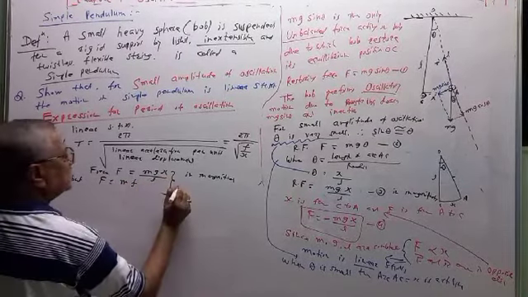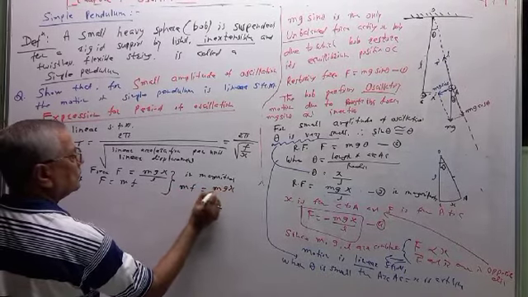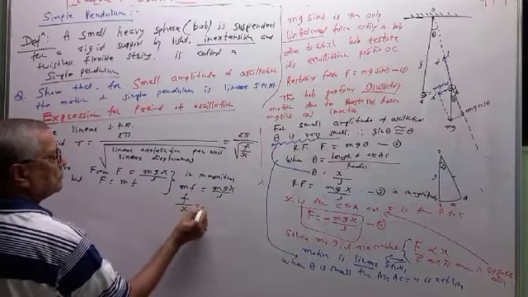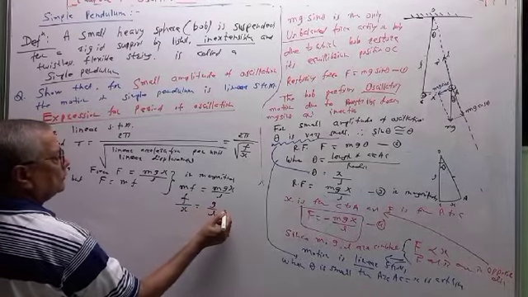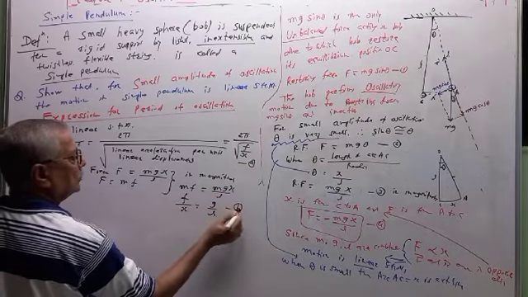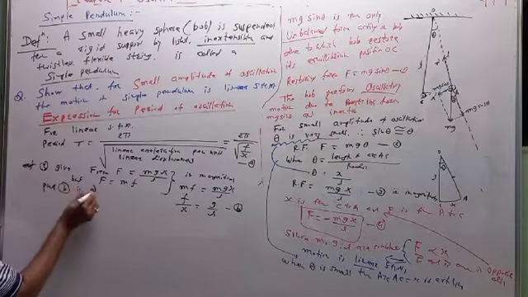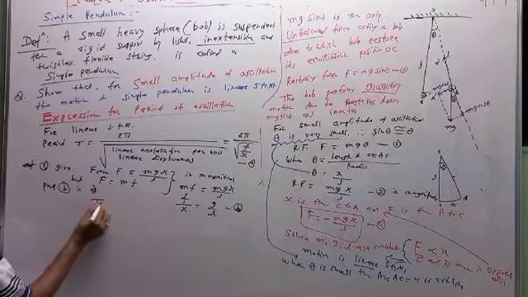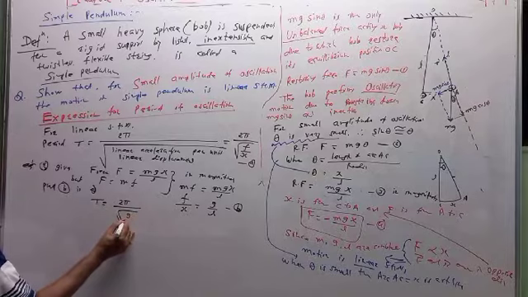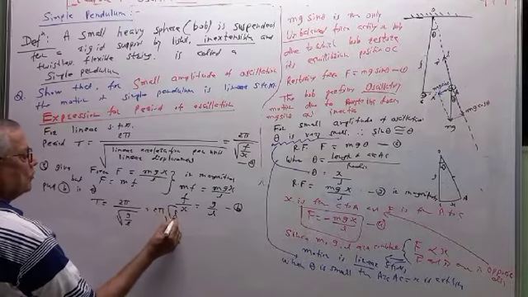Therefore, if we combine this equation, then m into f, mass into acceleration, is equal to m into g into x by L. m will get cancelled, and therefore acceleration per unit displacement is equal to g by L. So this is the equation A, this is the equation B. So put B in A. So period capital T is equal to 2 pi divided by under root g by L. So this L will go up, so this is equal to 2 pi multiplied by under root L by g.